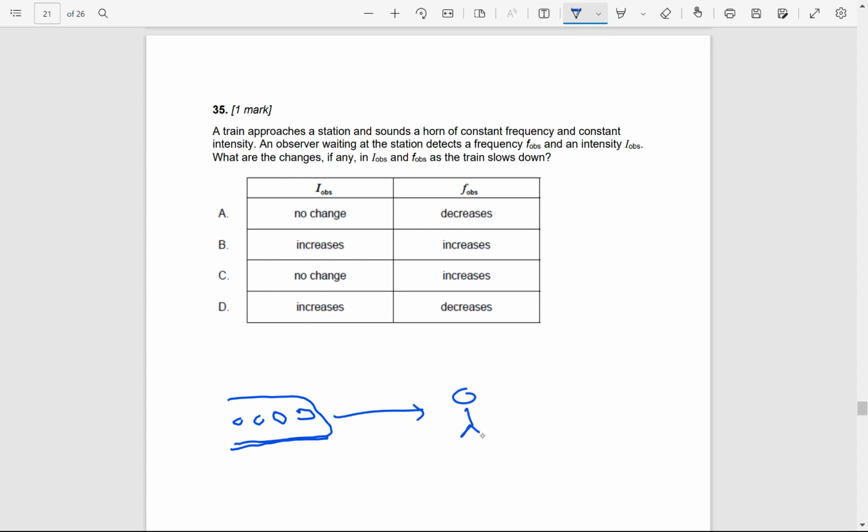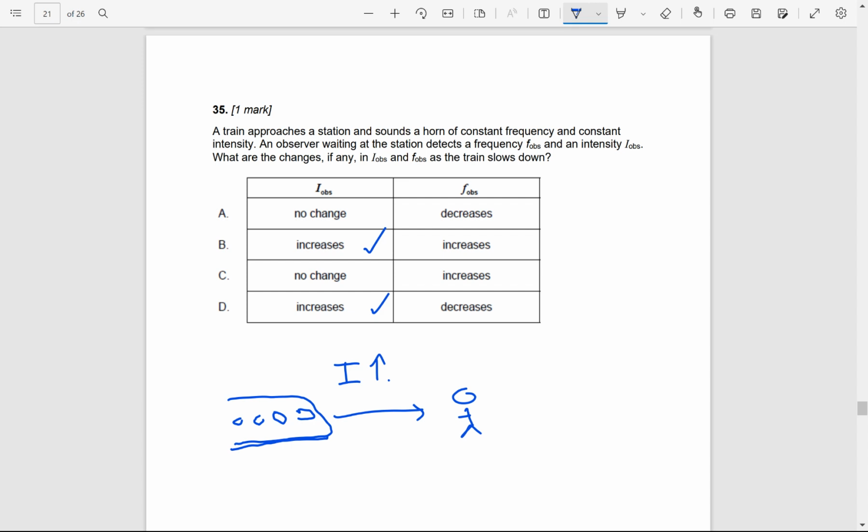Why not, hey? It's approaching an observer. If it's approaching, the intensity, the volume of the horn is going to increase. So the intensity is going to increase. And the frequency observed.